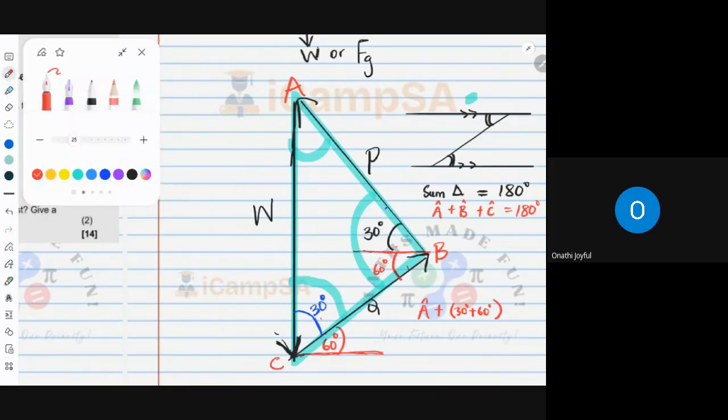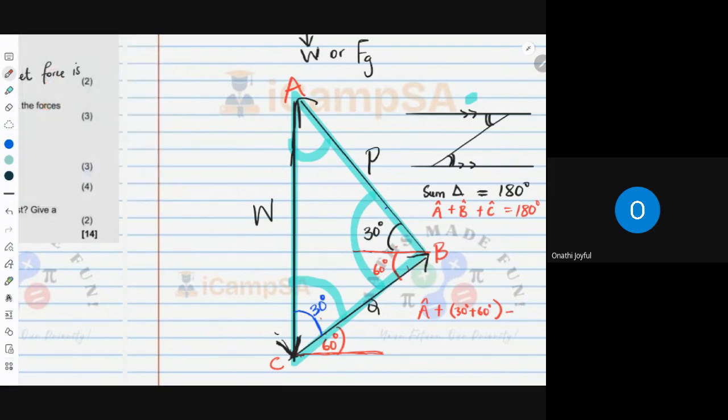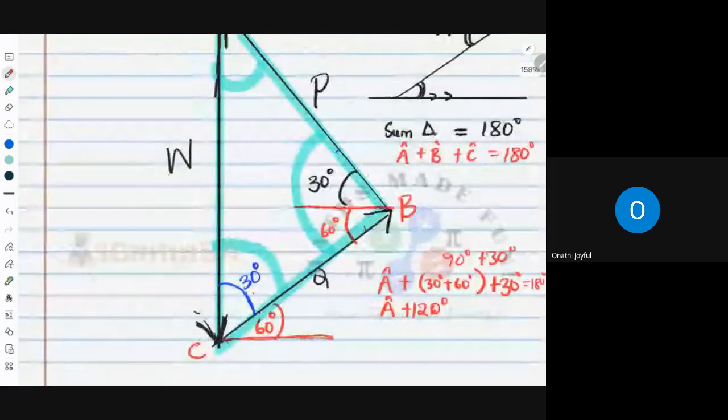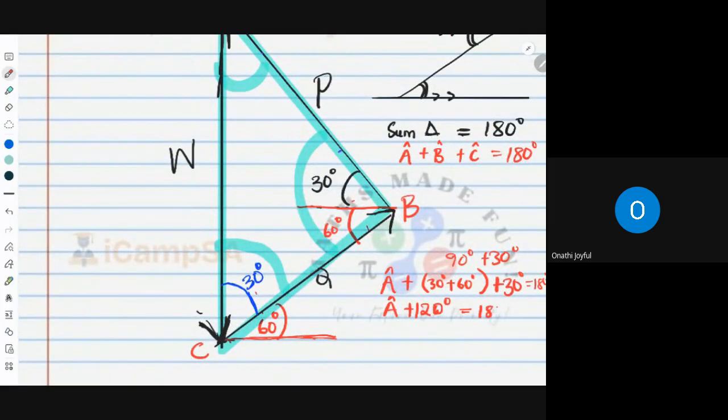Okay? And then now we have angle C, which is 30 degrees. And this gives us 180. So what happens here is A, and I add everything this side, I'll get 120. Because this will be 90 degrees plus 30. That's surely 120. It's like 9 plus 3 is 12. So now I can solve for A. A is 180 minus 120.